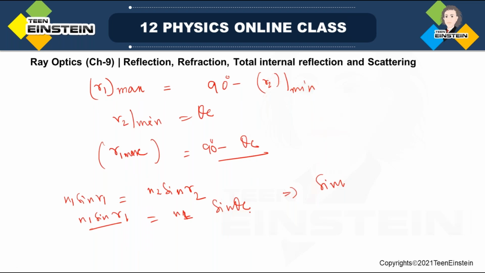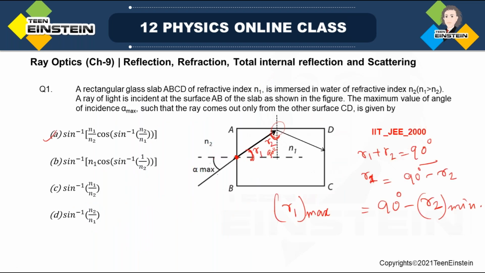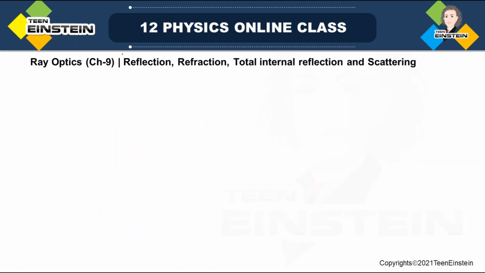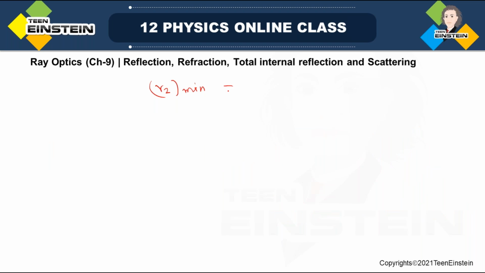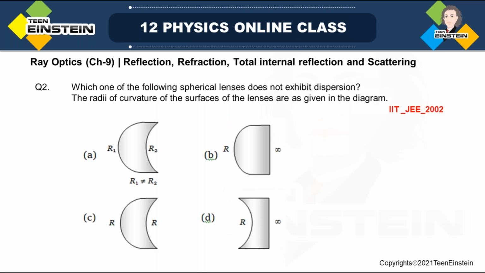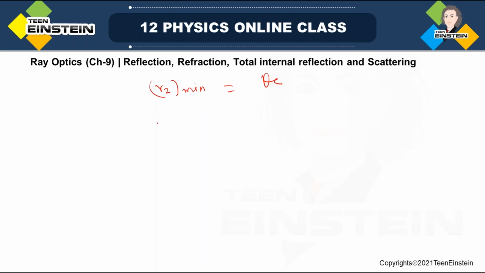So we'll just rub it once. Let me write down what we have got. This minimum, or this is theta c. Okay, so now exactly at theta c, what will happen?